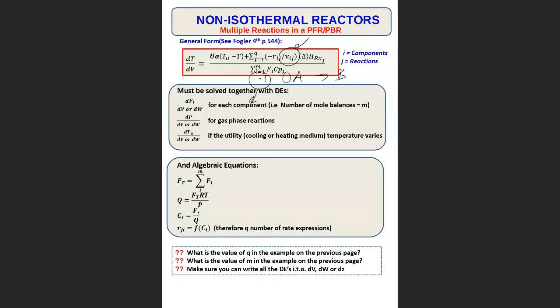For reactants, as it's written, this is going to be a -1. But we now have the flexibility of saying, I base my rate on the formation of B, and then that is going to be a +1. Okay, let's just check the question over here. Are you happy, Anna? Remember, this has got the sign associated with it; for reactants, it's a negative number. Okay, you see, thank you.